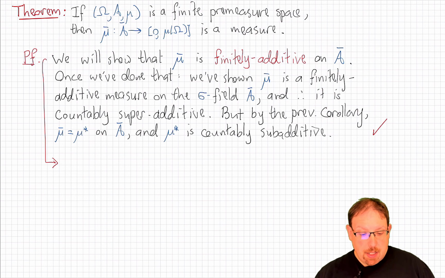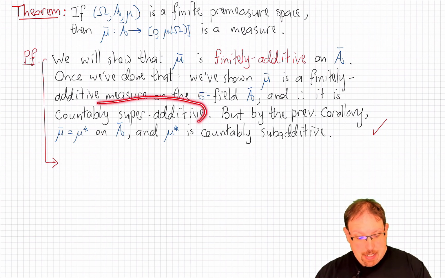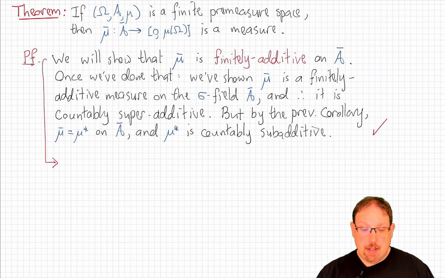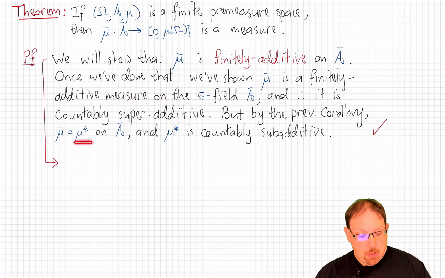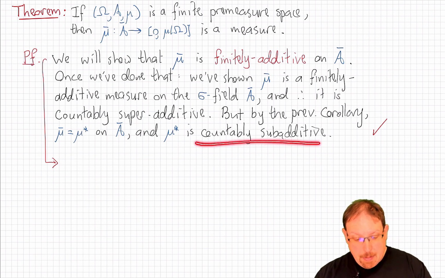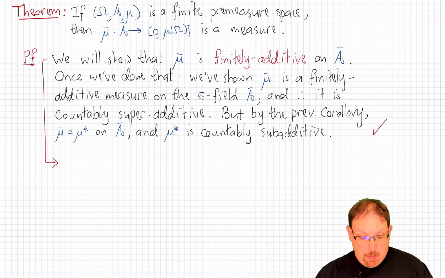Ironically, it really boils down to showing that mu bar is finitely additive. Because if we can show that it is finitely additive on the field A bar, we know from early on that it is countably superadditive. However, we just showed that mu bar and mu star coincide on A closure. And mu star, the outer measure, is countably subadditive on all of 2 to the omega.